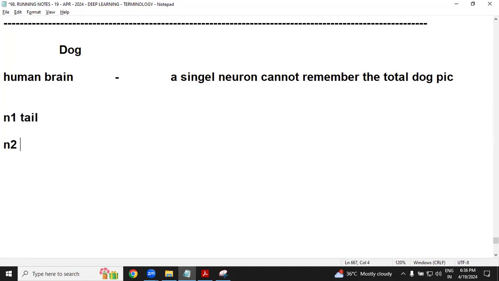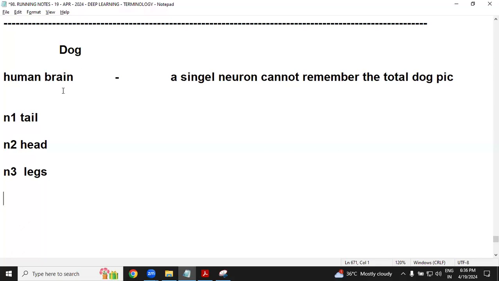Neuron number two can remember the head. Neuron number three can remember the legs. Like this, a group of neurons will remember, all these neurons will work together, and finally bring the dog picture in our brain. Please remember that. Are you getting what I'm saying?